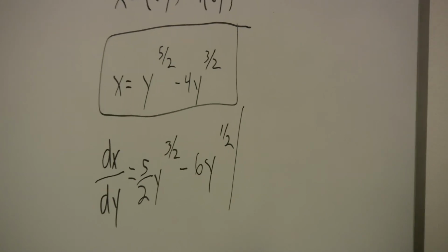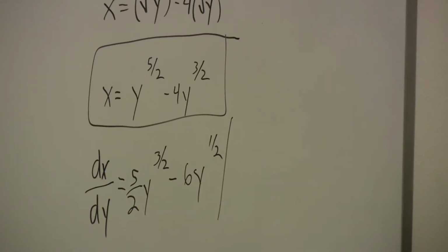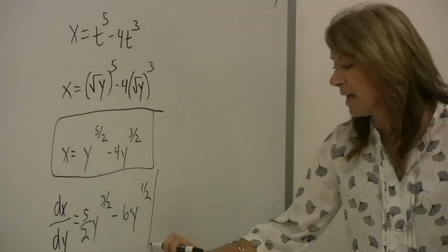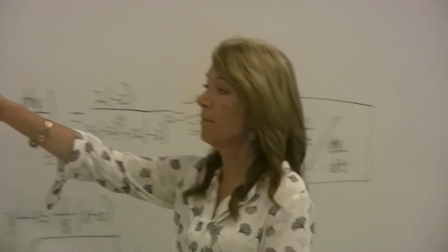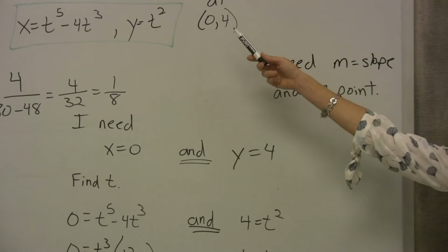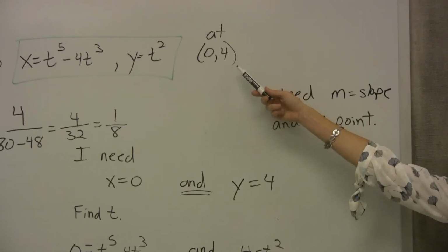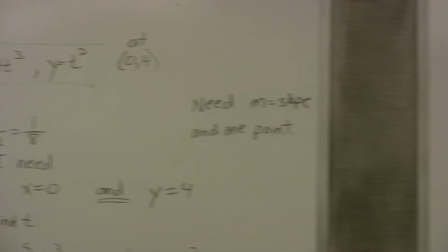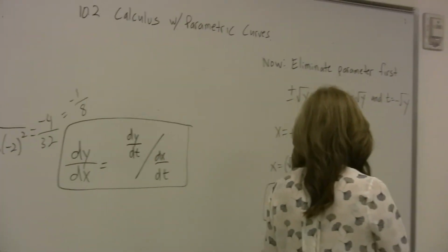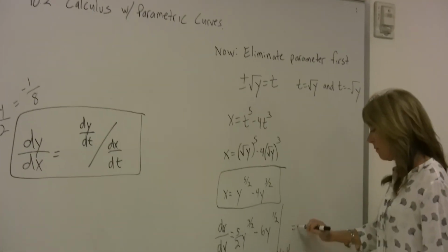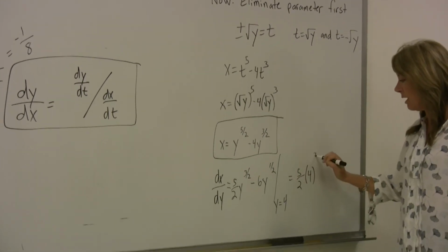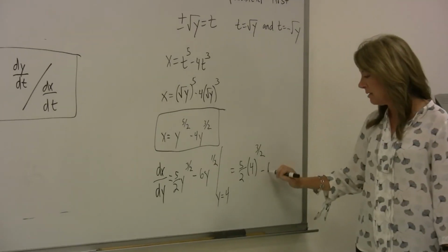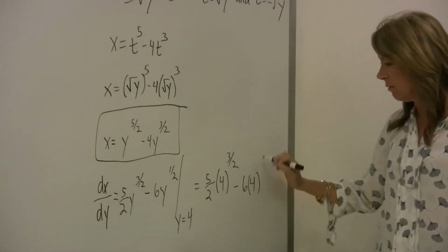At 0, 4. Do I need x or y? I need y, right? So I need to evaluate that at y equals 4, because I'm at the point (0, 4). And if y is my variable, I'm going to plug in that 4. Five halves times 4 to the 3/2 minus 6 times 4 to the 1/2.